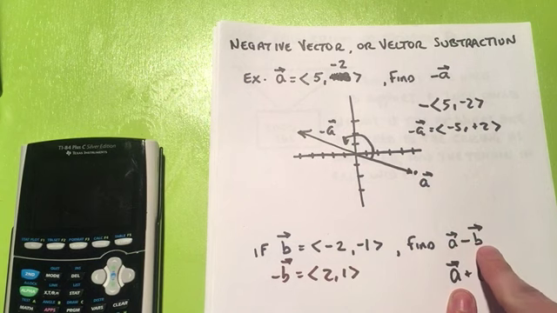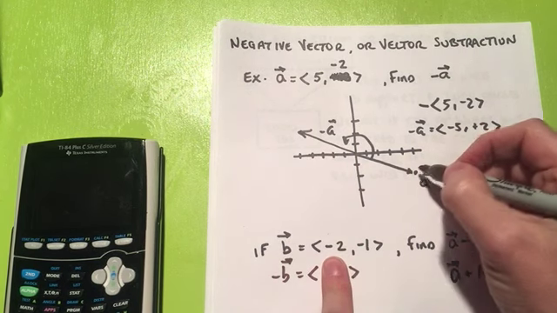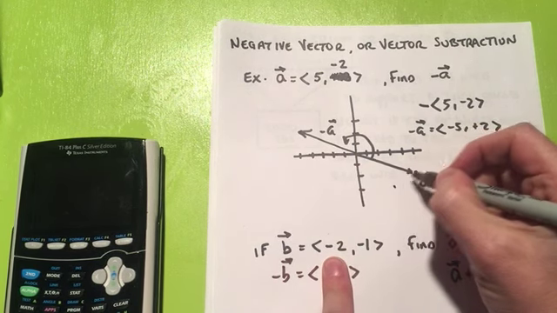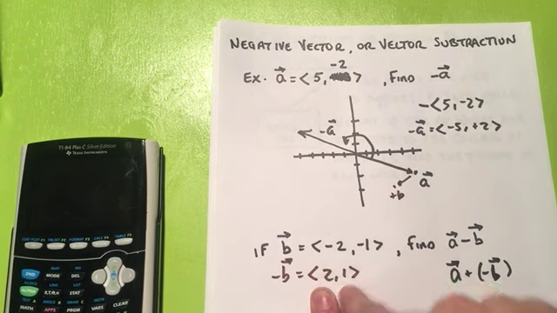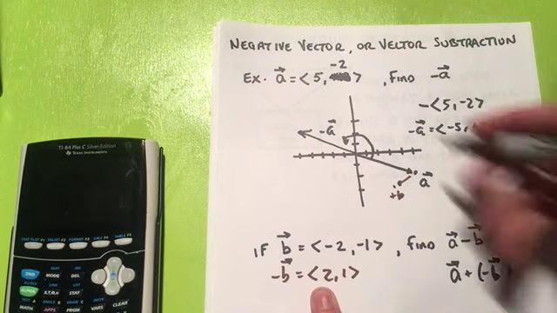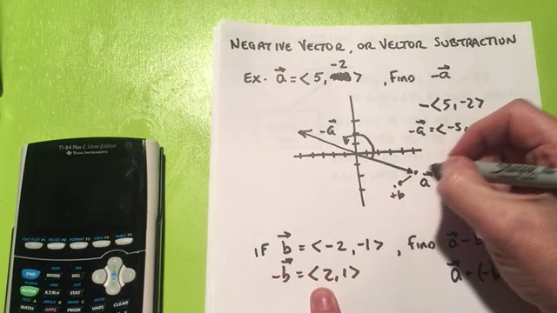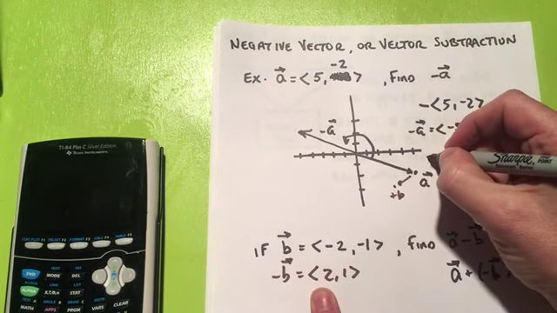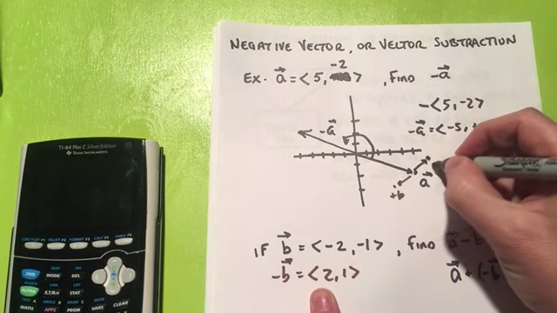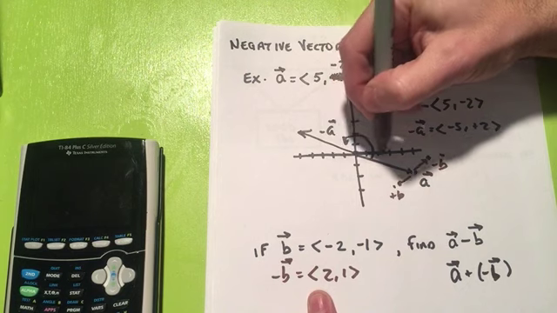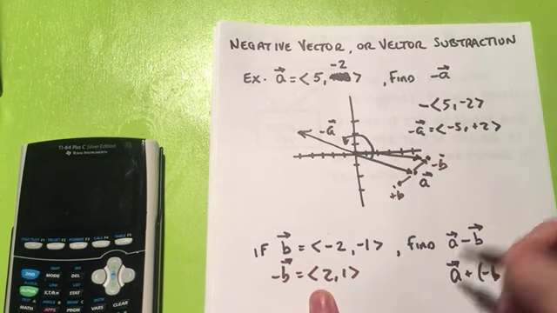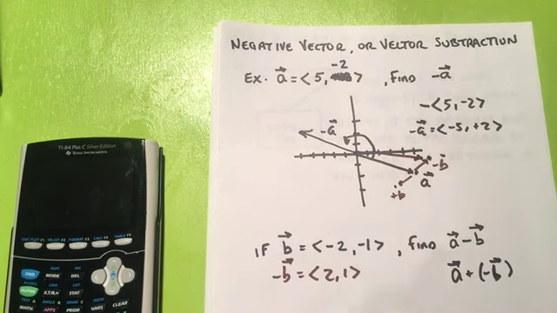Well, if we have a minus b, a plus b, we would go back 2, down 1. That's plus b, but minus b will add the negation. We'll go <2, 1>, so forward 2, up 1. And our resultant is from the original point all the way to the end. A negative just moves in the opposite direction.